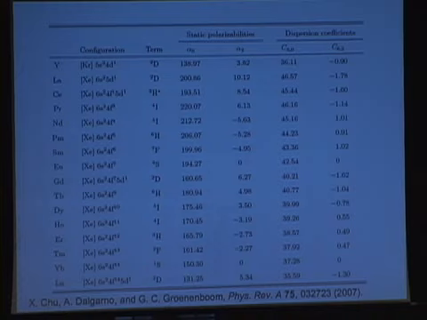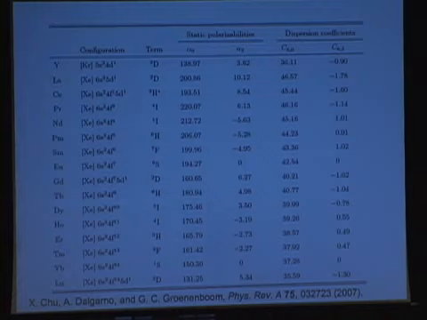And then we also find that the C62 is very small in magnitude compared to C60. The reason why polarizabilities decrease with increasing nuclear charge is that the electron density is pulled closer to the nuclei, and therefore they're not as polarizable.